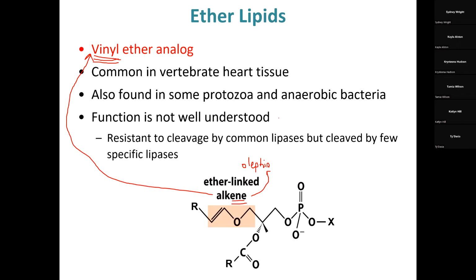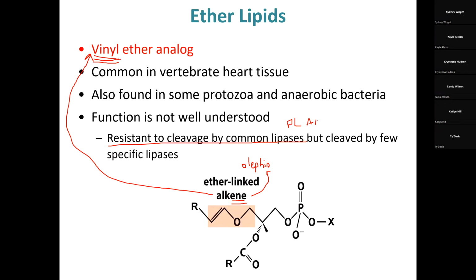So some of these have been detected. They're very strong cell signal molecules, but a lot of the function isn't really known. We do know that they are resistant to cleavage by the lipases. Remember those phospholipases?